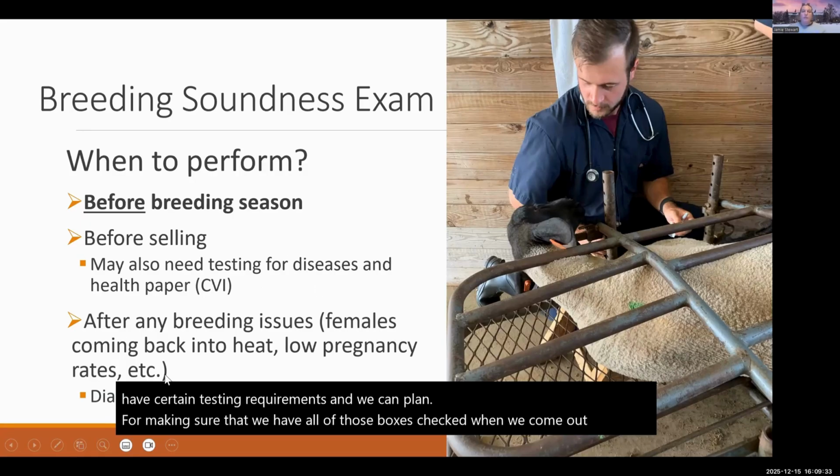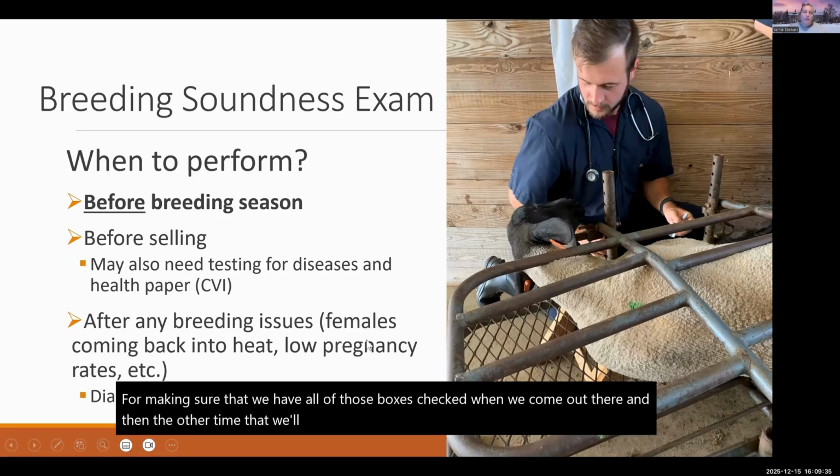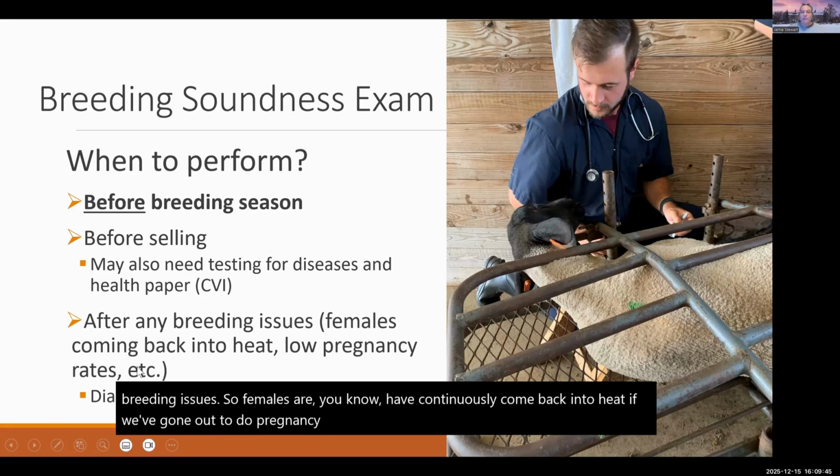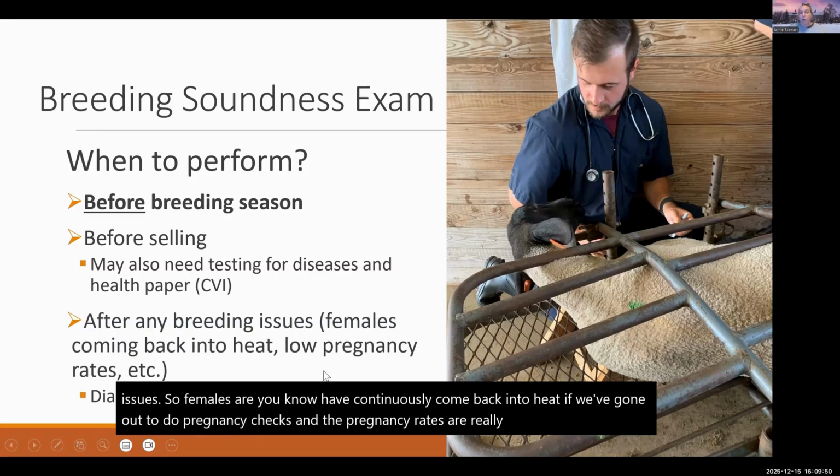And then the other time that we'll perform one, and hopefully not, is after any type of breeding issue. So females have continuously come back into heat, or we've gone out to do pregnancy checks and the pregnancy rates are really low or there's no one pregnant.